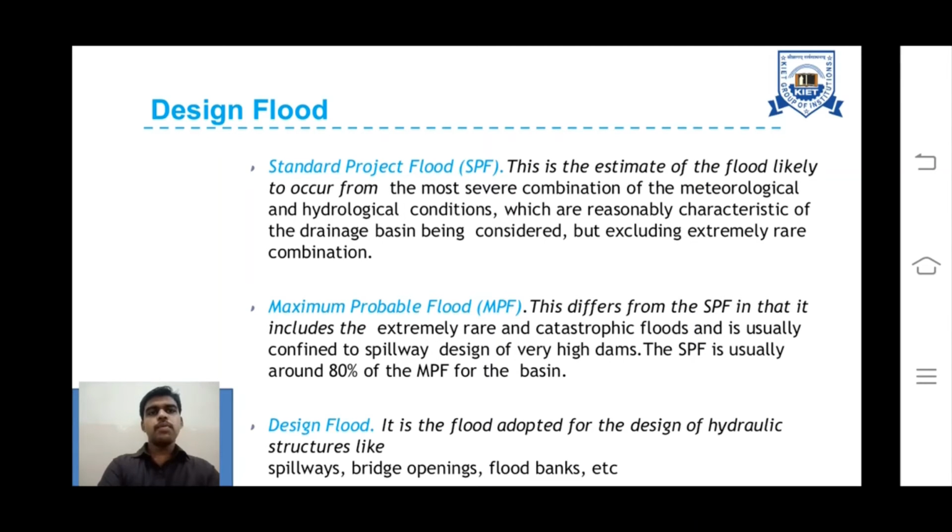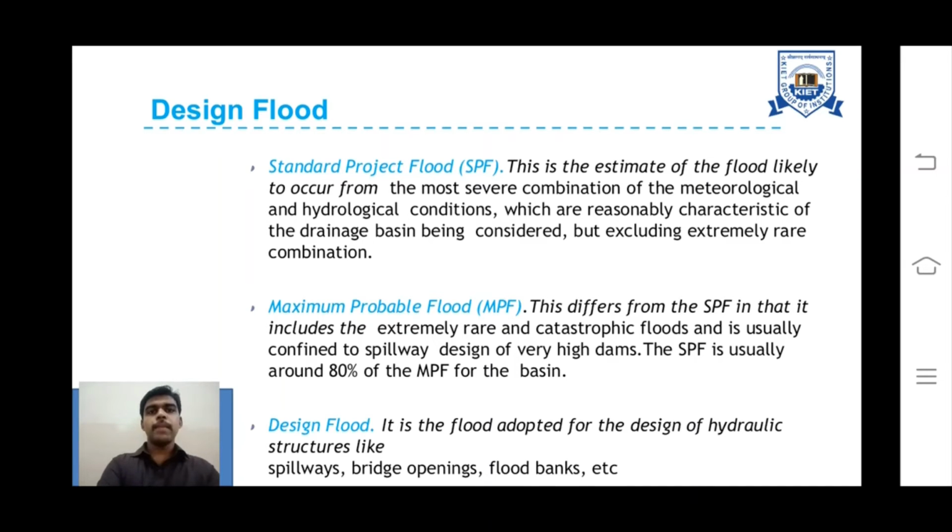Because standard project flood is an estimation of the flood from severe combinations, because we can't control the nature, which I already said, meteorological conditions as well as hydrological conditions. First of all, we have to analyze the standard project flood, how the ranges will be, which are reasonably characteristic of the drainage basin being considered but excluding extreme rare combinations.